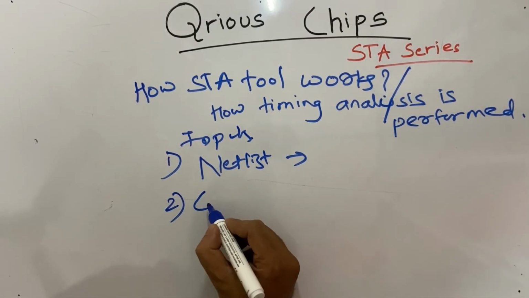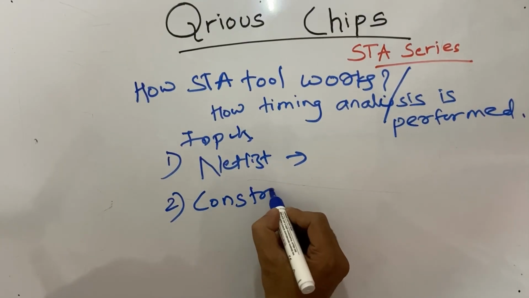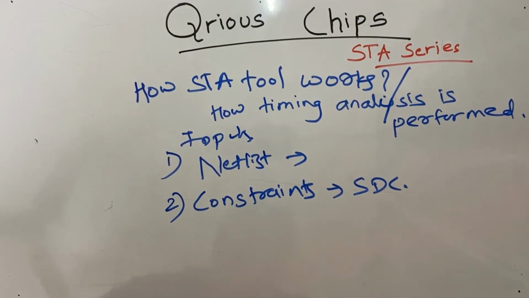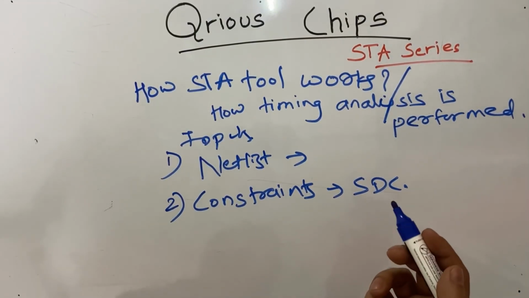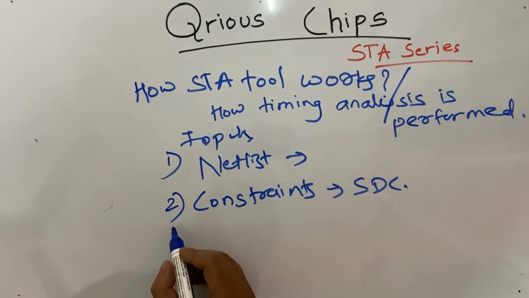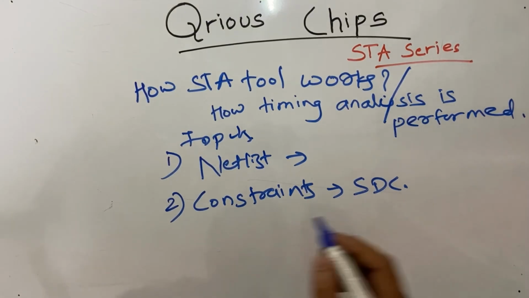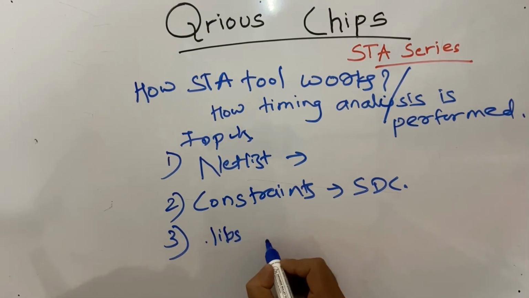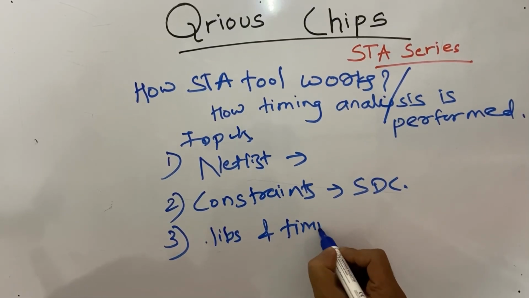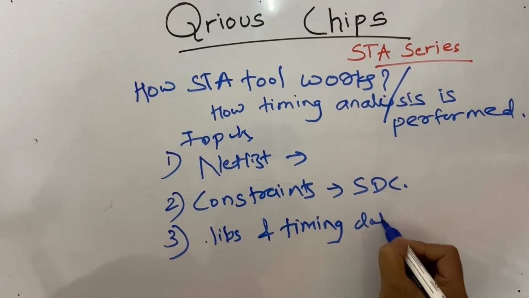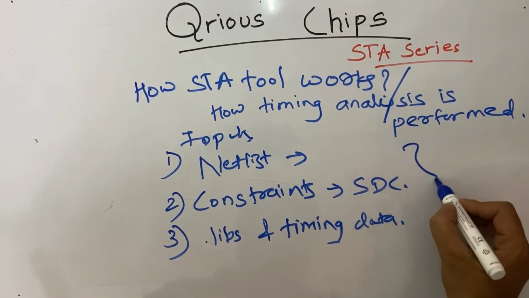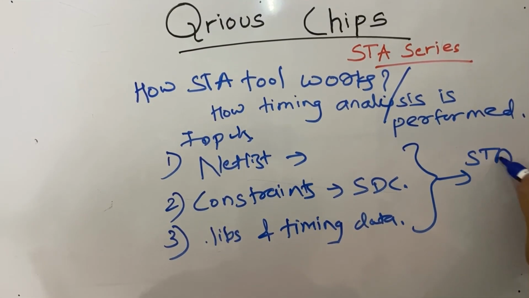Secondly, constraints, that is SDC, which has the definition of clocks, false paths, MCP and all that, which we will be discussing later. And third is the .libs and timing data. So all these inputs we will be requiring to perform STA on our design.